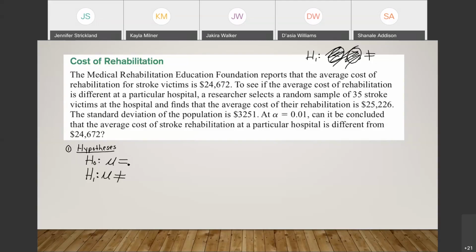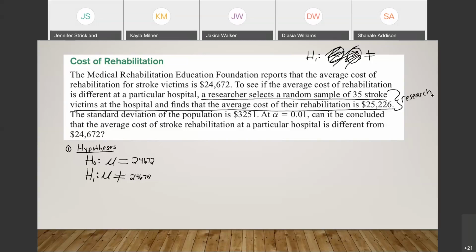Yeah, the 24,672. Okay, so my other class struggled a little bit here. This right here, that's the research.